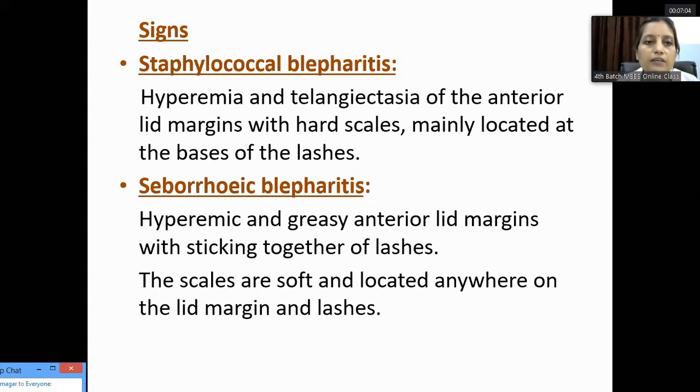In the seborrheic type, the anterior lid margins are hyperemic and greasy with sticking together of the lashes, and the scales are soft and located anywhere on the lid margin and lashes. In staphylococcal, the base of the lash is more affected, whereas here the scales are lighter and softer, so they are present anywhere on the lid margin.